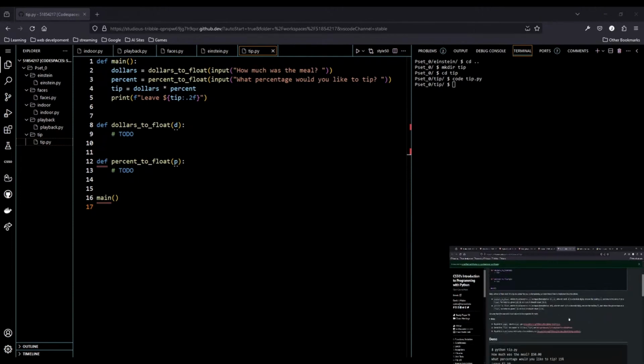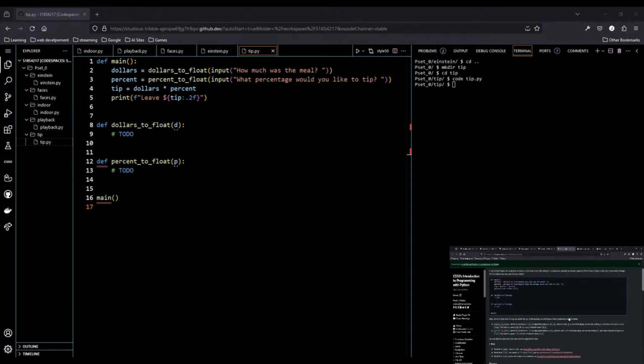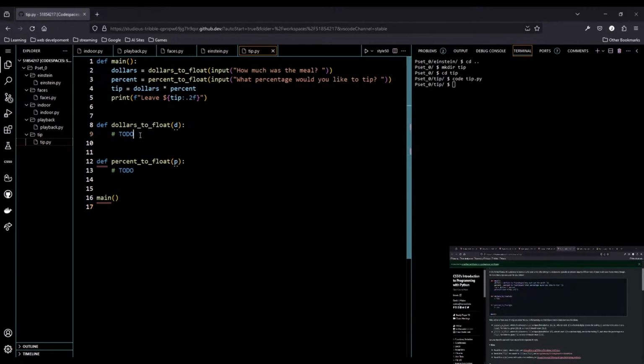Hints. Okay, so how do we do this? Well, the dollars to float. Okay, so we need an input.